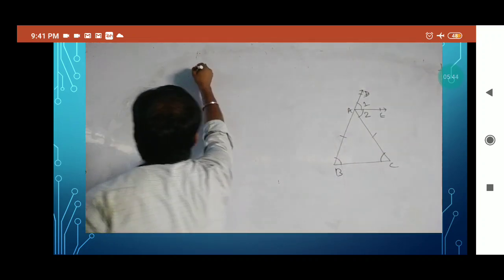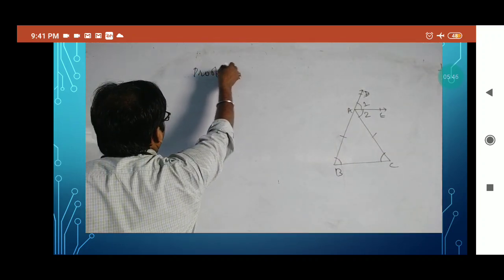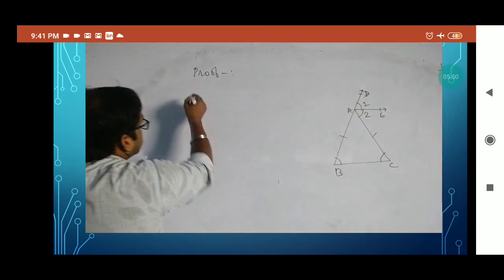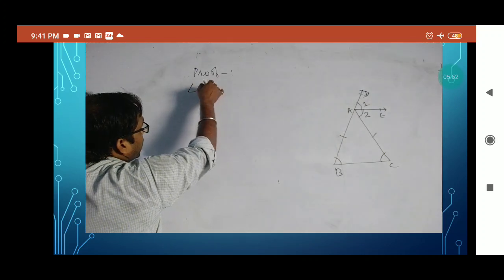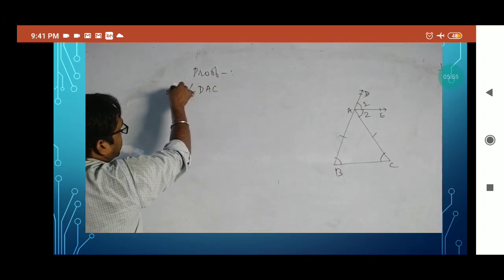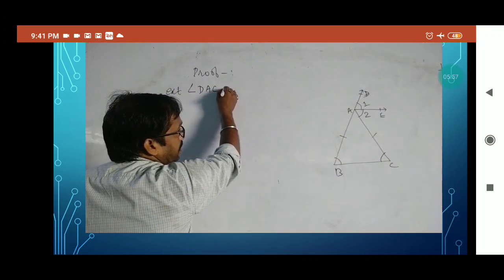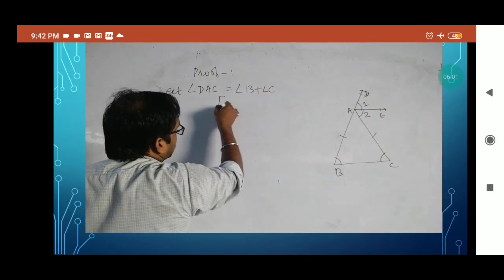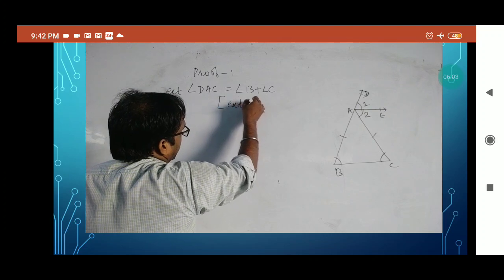Now we have the proof. What is the proof? The angle DAC is the exterior angle, and it is equal to angle B plus angle C, by the exterior angle theorem.